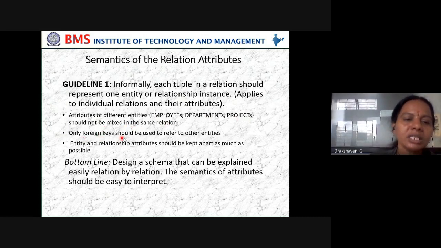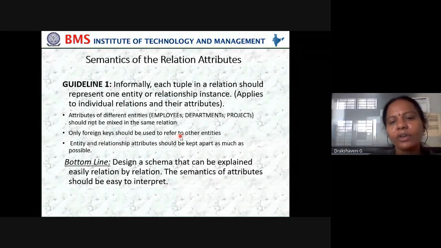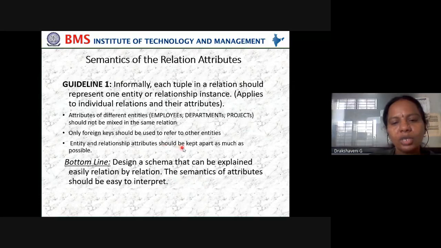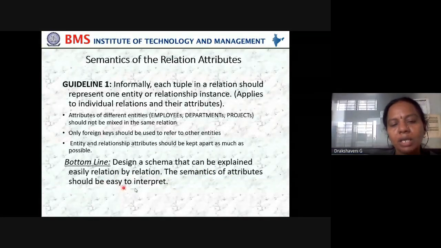Only foreign keys should be used to refer to other entities. Entity and relationship attributes should be kept apart as much as possible. The bottom line: design a schema that can be explained easily relation by relation, and the semantics of the attributes should be easy to interpret.